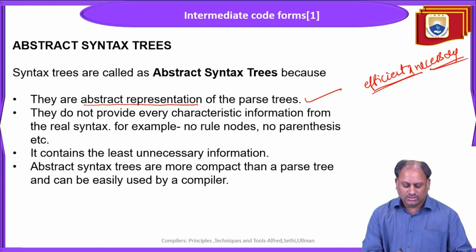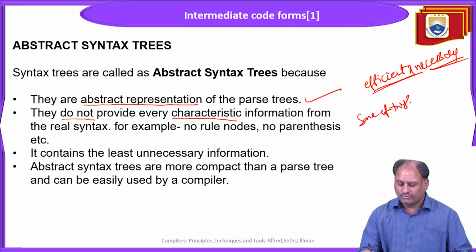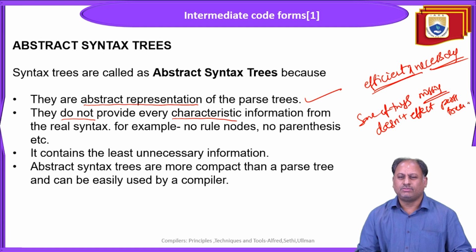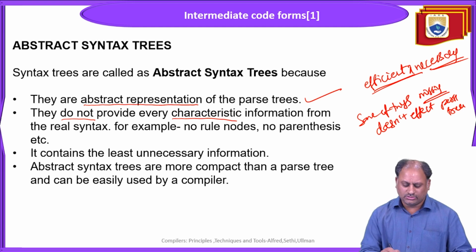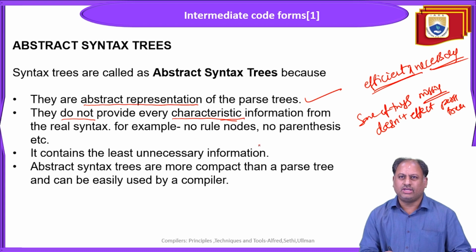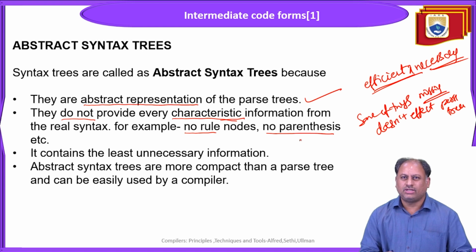Here it doesn't provide all the characteristics, so some of the things may be missing. But that doesn't affect the corresponding parse tree or abstract syntax tree notation. Some information is necessarily lost, such as rule codes and parentheses, which are skipped because they are not required in this structure.